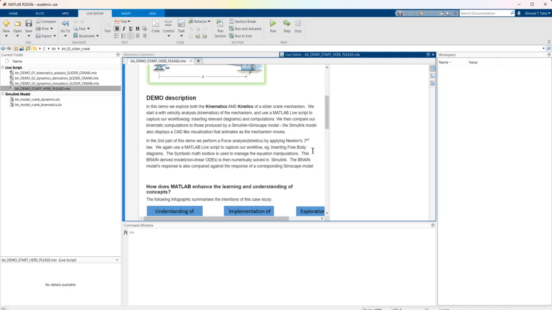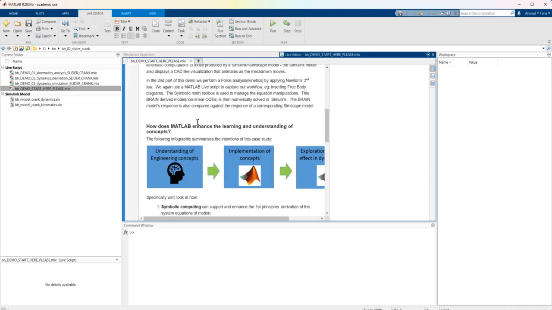For example, again, inserting the free body diagram, and the Symbolic Math Toolbox is going to be used to manage the equations and manipulations, and this will drive the model, which is going to be a nonlinear ODE. And then we're going to have it numerically solved in Simulink, and the model response is going to be also compared against the response of the corresponding Simscape model.